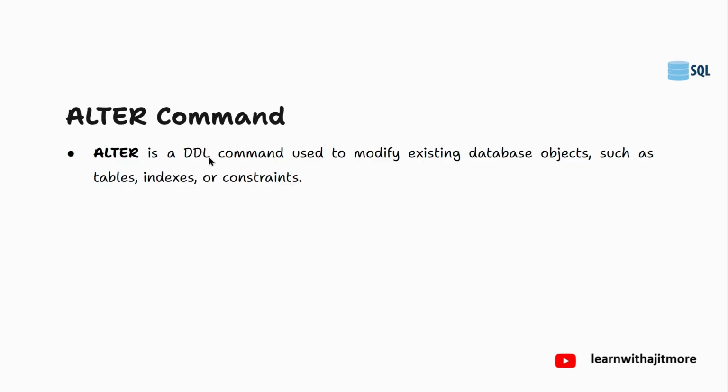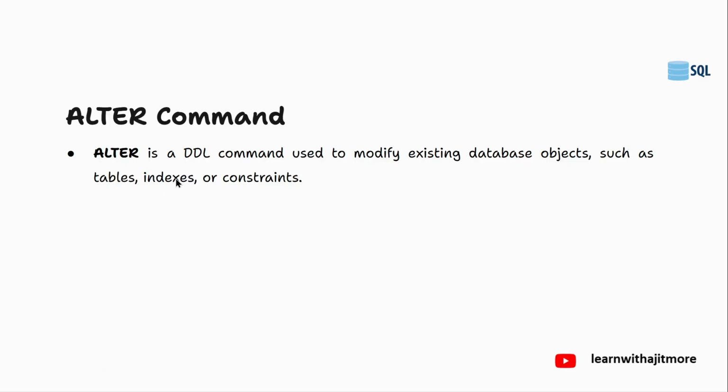So alter is a DDL command, which I already told you. It comes under data definition, meaning the commands which we saw, like create table. So create table comes under DDL. Alter also comes under DDL. So it's a DDL command used for modifying existing database objects, such as tables or their indexes.